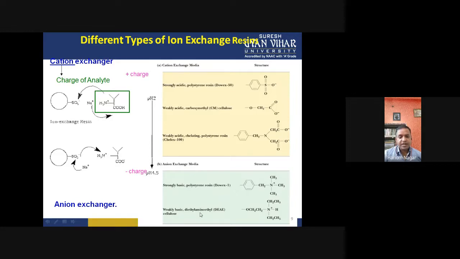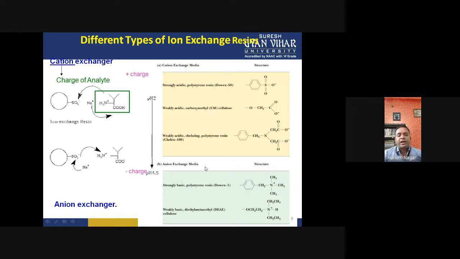And the second is the weakly basic ion exchange resin, that is diethylaminoethyl, DEAE. This also contains the ammonium ion, diethylaminoethyl cellulose, DEAE, right?